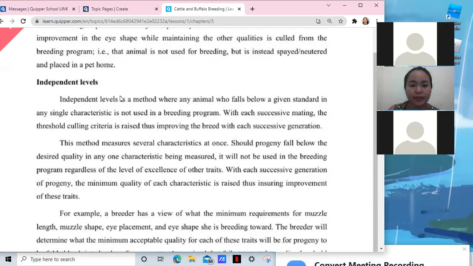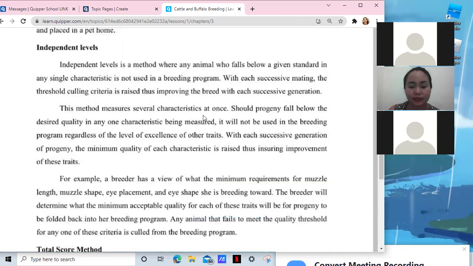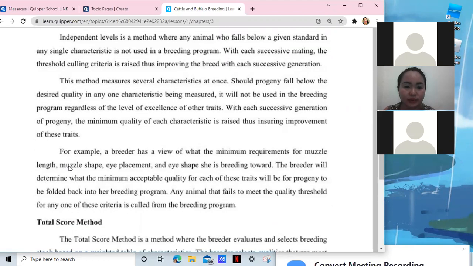So this method can also measure several characteristics, but one at a time only. If the progeny fall below the desired quality being measured, it is not used in the breeding program. And through successive generations again, the minimum quality of each character is raised, thus nag-improve yung traits, no?